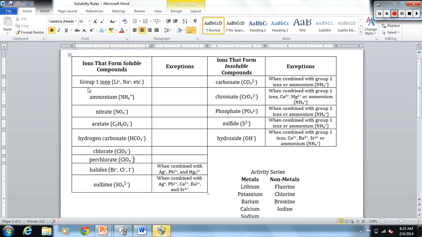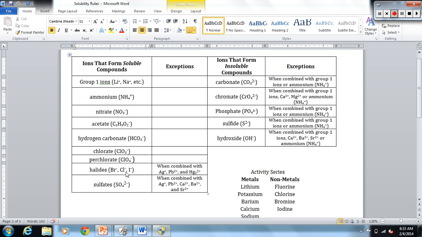So any group 1 ions, lithium, sodium, anything that's an alkali metal, if it's bonded to an alkali metal, it will always be soluble in water. Okay? There are no exceptions to that. The same with, say, nitrates. Nitrates are always soluble in water. There are no exceptions to that. But then you get halides. Halides, the halogens, right?